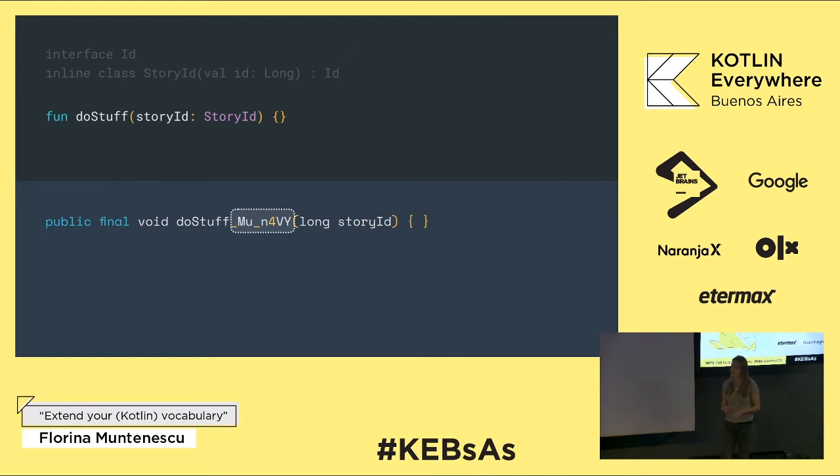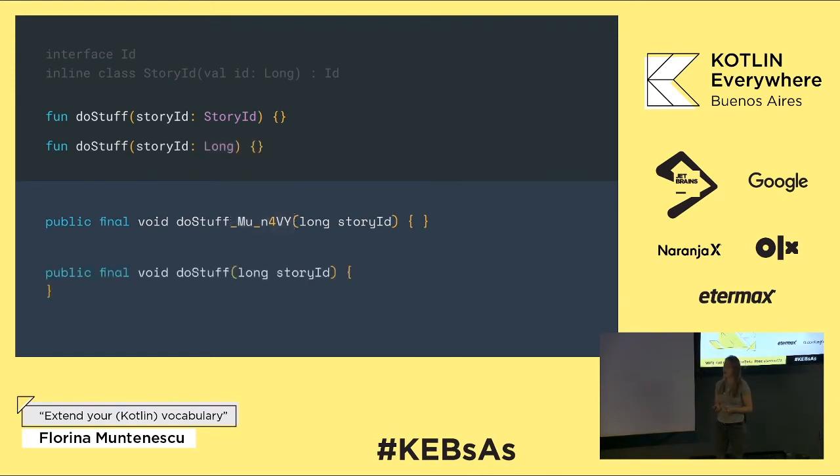Kotlin does this because it wants to allow developers to create overloaded functions. So you're able to have doStuff of a StoryID object, but also of a long. That long can be a StoryID, but imagine that in the same class you want a function with the same name, but with something else, maybe a CommentID or UserID. So then that long can be a valid thing. This is why the compiler allows the creation of both types of functions.